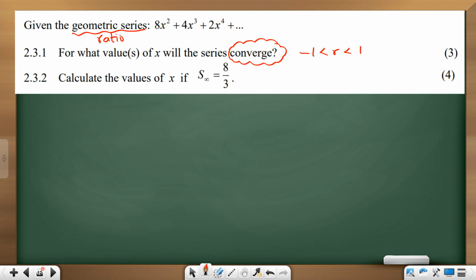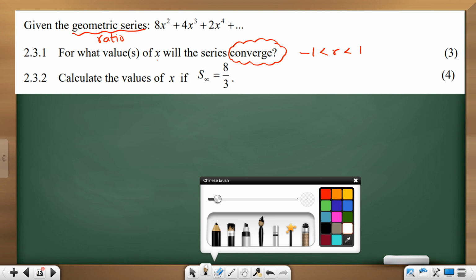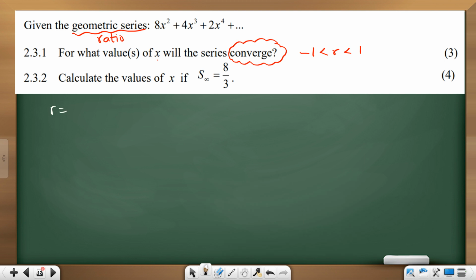So now we need to get our x. We're looking for x. So how do we work around this? What is our r? T2 over T1, right? So 4x cubed over 8x squared.